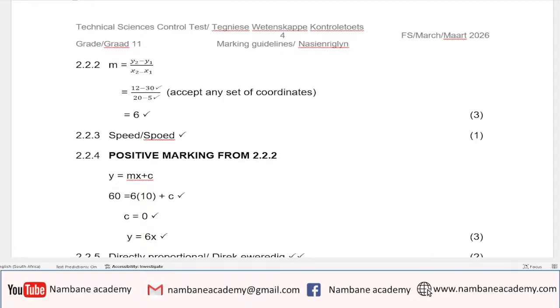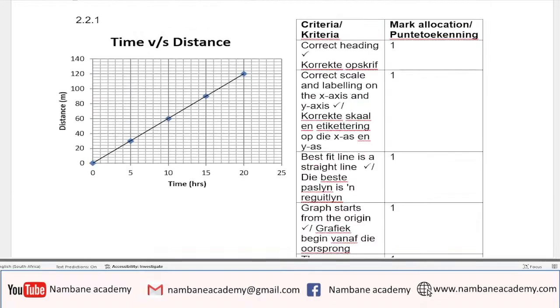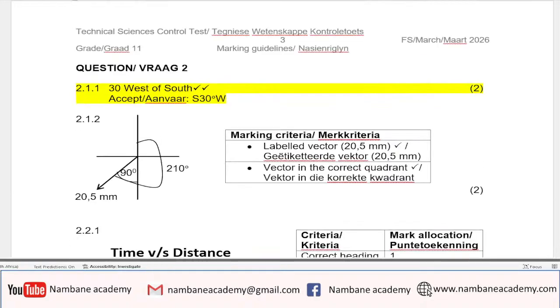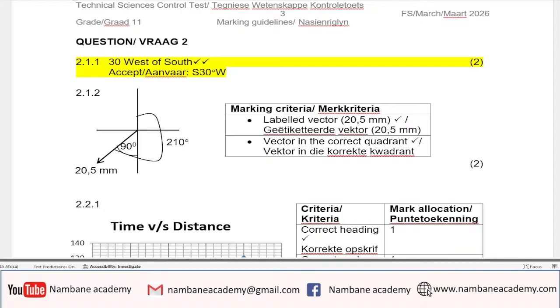Good afternoon, colleagues. So I would like to know there by 2.1.2. Yes, sir. So if you take the 0 on the way to the magnitude, it's 210, but now there where it says 90 degrees, shouldn't it be 30?